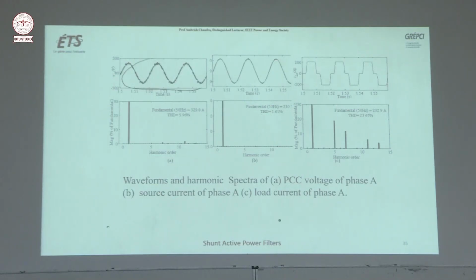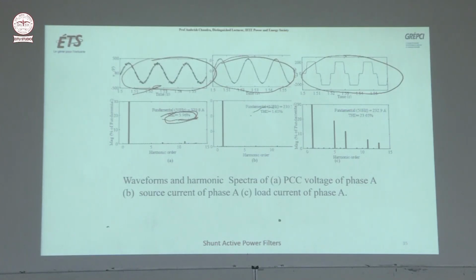This is the voltage of phase A, this is the source current of phase A, and this is the load current of phase A. If you see the THD in voltage of phase A, it is 5.96 THD.